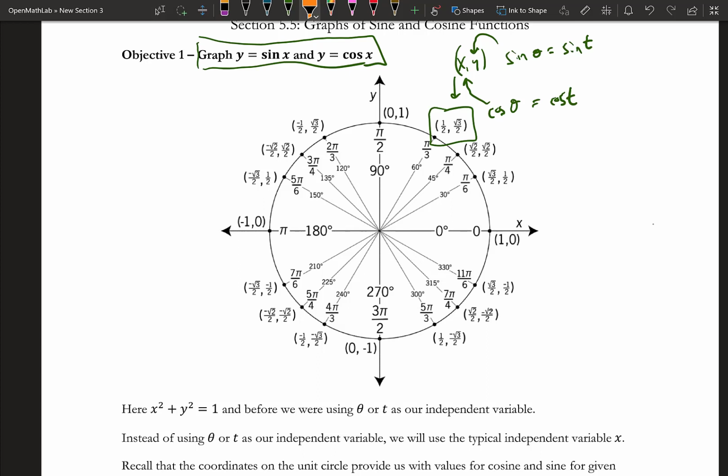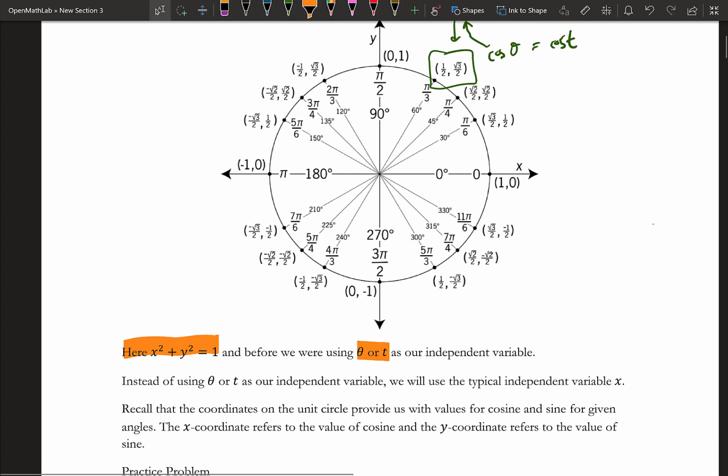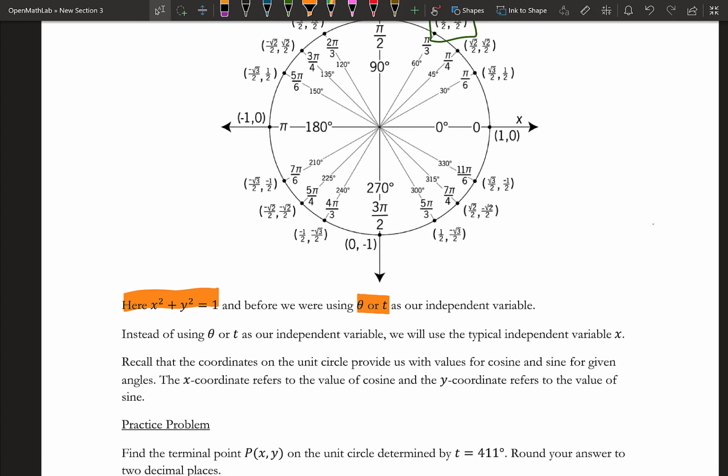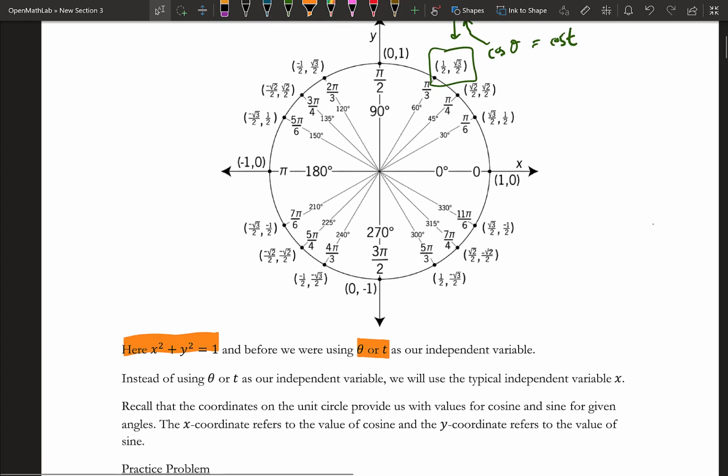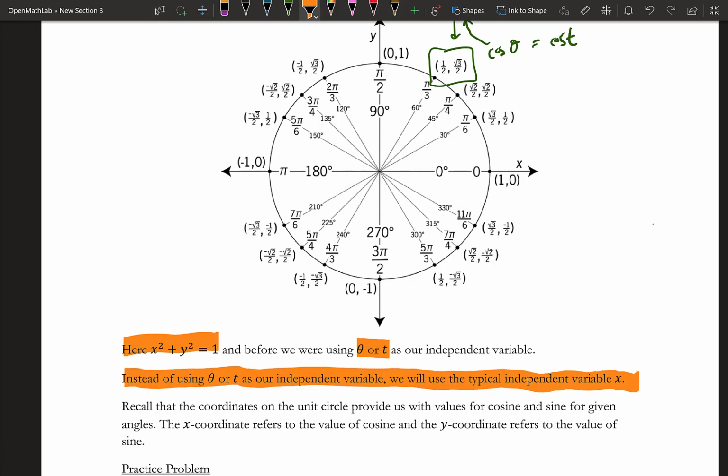You'll notice here that we've also looked at x squared plus y squared equals 1 being the equation of the unit circle. And we've used theta and t as our independent variable before. Now, when we're looking at the functions of sine and cosine, instead of theta or t as our independent variable, we're going to use the typical independent variable x.